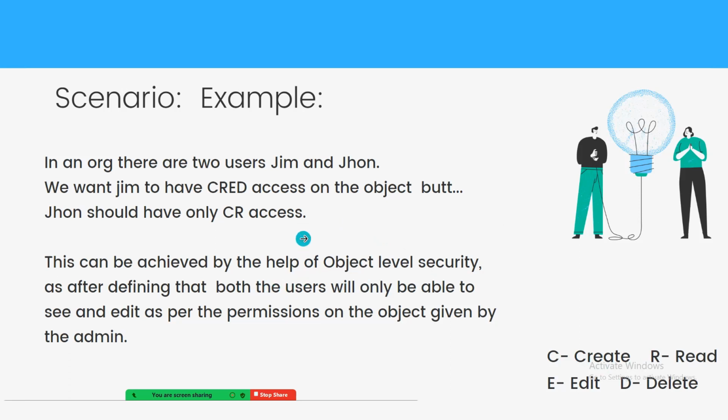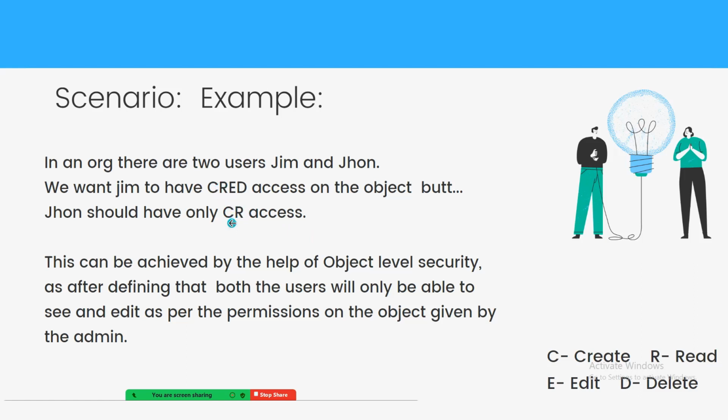After defining the access for both the users accordingly, right? If they are on the same profile, then we can give create and read access, as this is common between both.